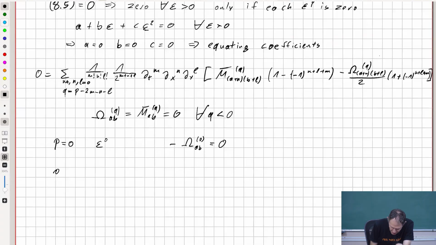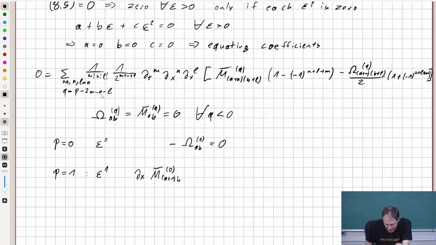So then we put p equal to 1. So this is basically all the equations that come with epsilon to the power of 1. Here we have now more terms, namely the derivative of this moment, a plus 1, b. This now comes to 0 order because we have to count up here 1.